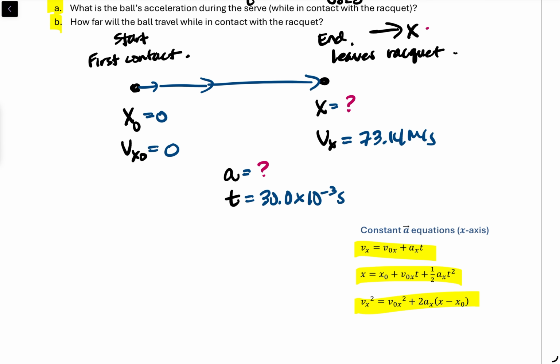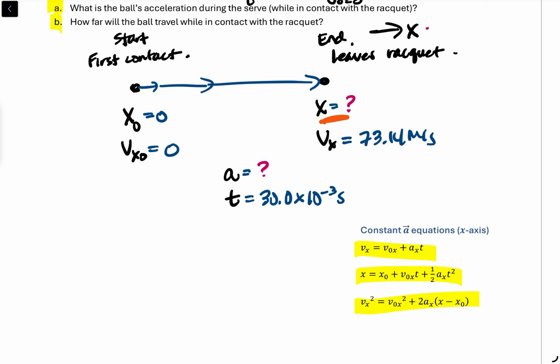So let's start with our acceleration. If I want to solve for acceleration, we want to pick one of these equations, right? So we definitely want an equation that has acceleration in it. And if you look at those, they all have acceleration in them. The other thing that we don't know is this position. So I don't want to pick an equation that has the thing I want and another thing missing.